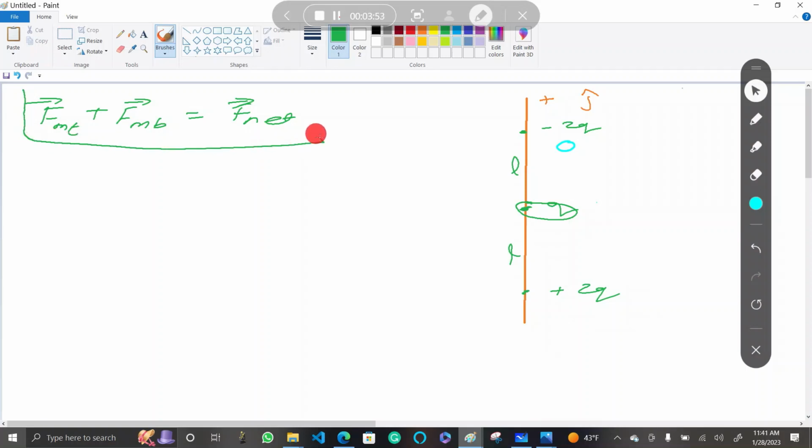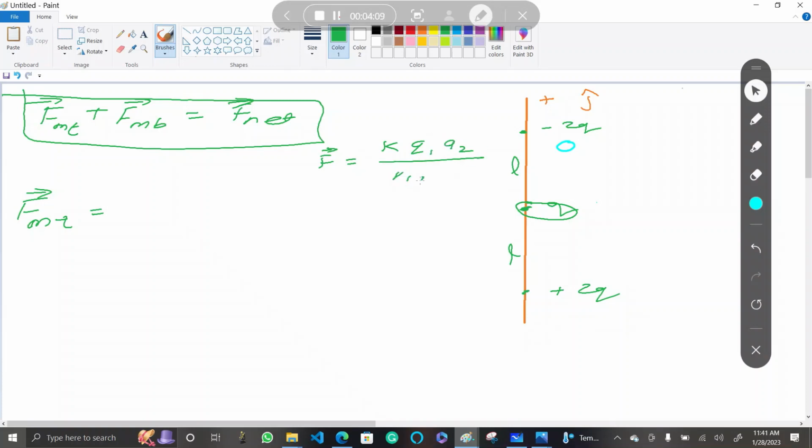So to begin with, force at the middle charge because of the top charge: remember the formula for force between two charges, as we saw before, is q1 into q2 divided by r12 square into r12 cap. The direction of the force we always mention from the source charge to the charge which experiences force because of that charge.